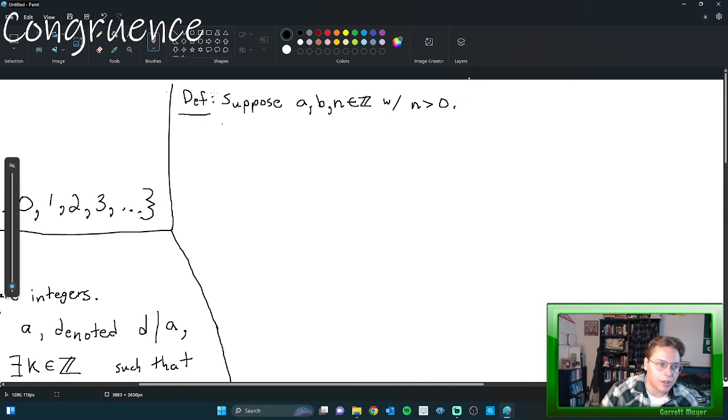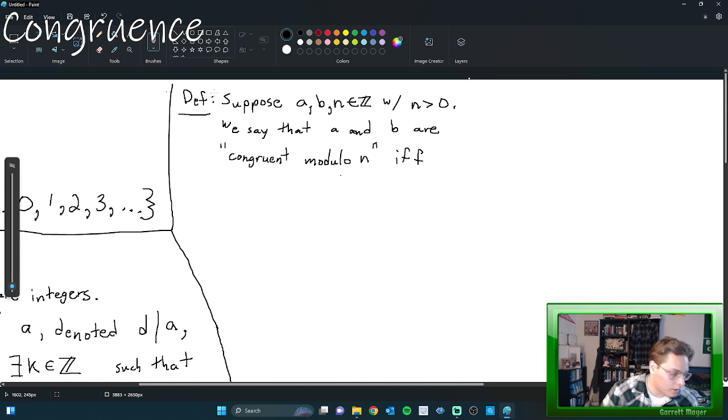So once we suppose this, we say that a and b are congruent modulo n if and only if, that's just what that IFF means, n divides the difference of a and b.